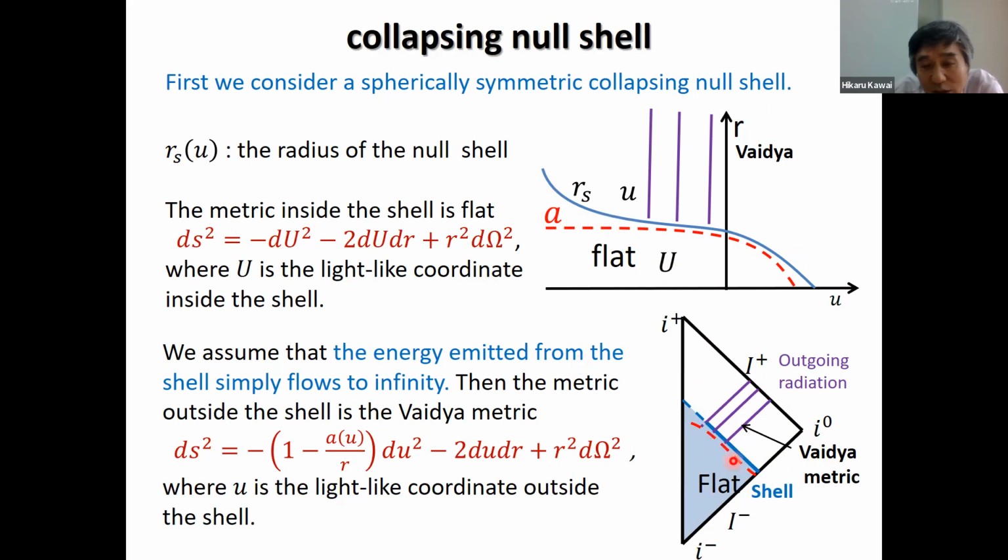Here we consider a massless, null shell, so this is a straight line here. Inside of the shell is flat space, and outside is the Vaidya metric. And we have outgoing radiation corresponding to the Vaidya metric. So this is the geometry of one null thin shell.